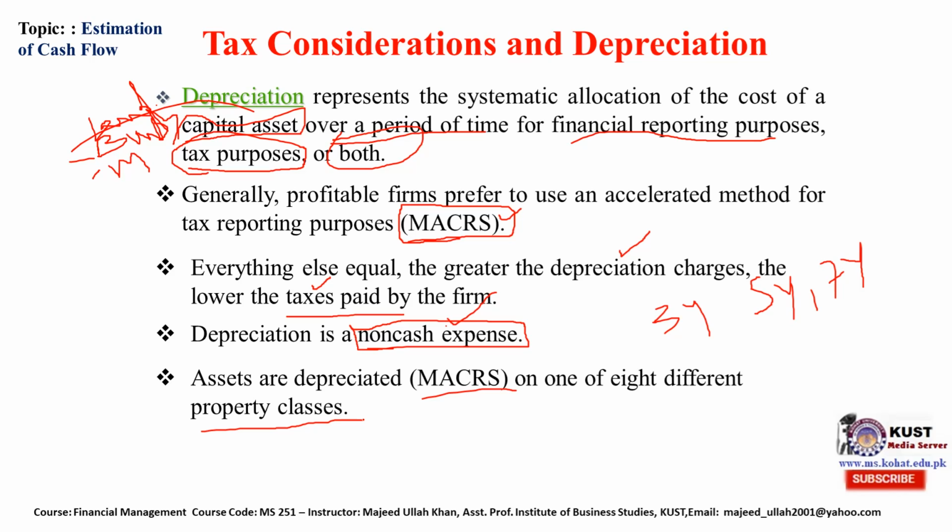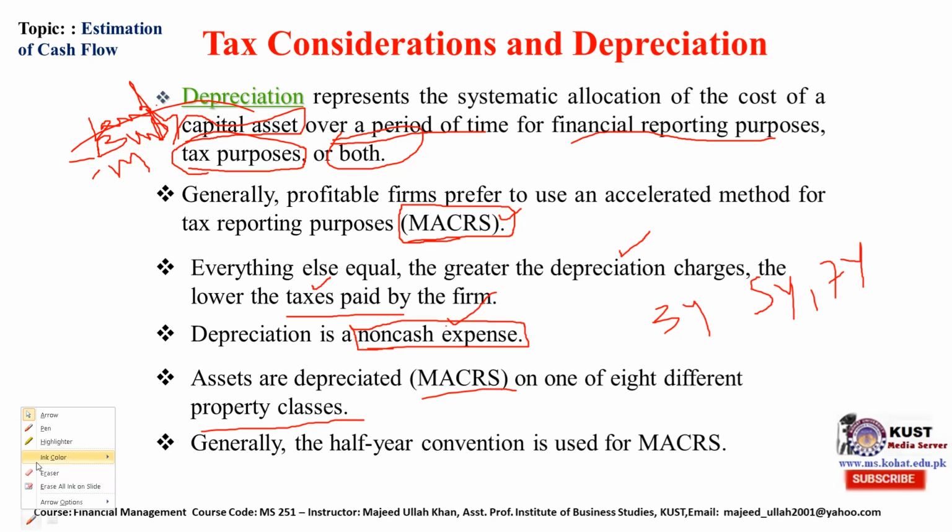Now, generally, the half-year convention is used in MACRS. Half-year means, for example, this is 1 year, and we buy an asset. This is January, this is June, this is December.